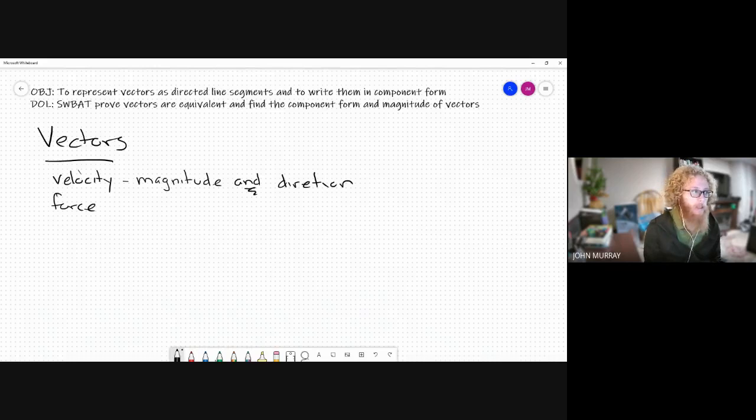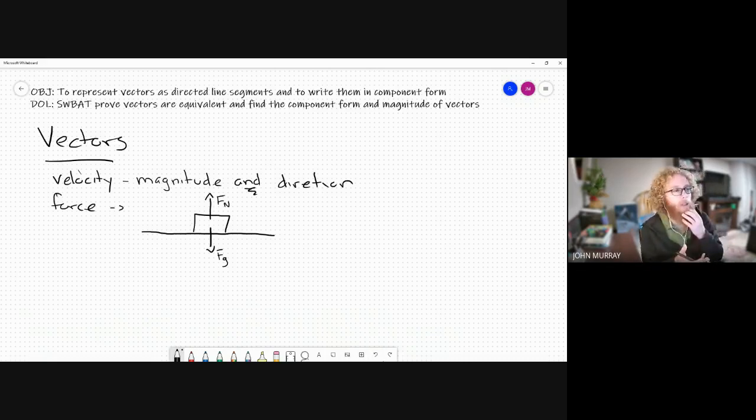Another physics concept that applies to vectors is force. All right. We have different forces acting on an object, right? So I don't know if you're in physics, but if we have just an object sitting on a table and it's not being touched, we have the force of gravity pulling down, and then we have something called the normal force that counteracts it, right?